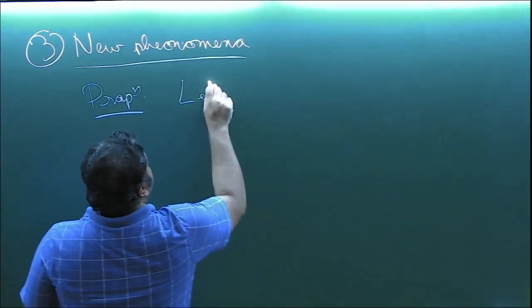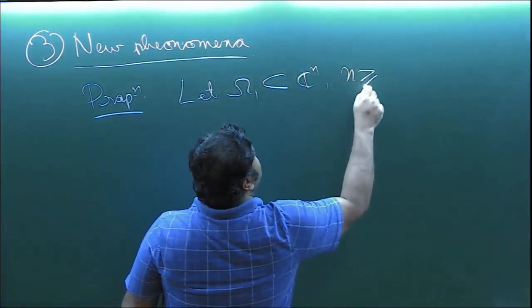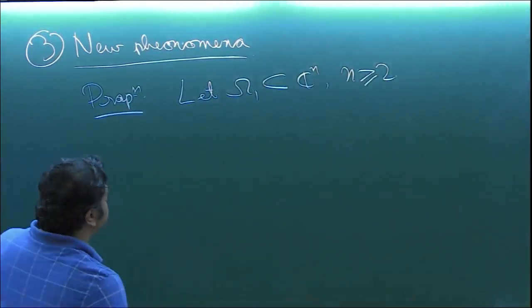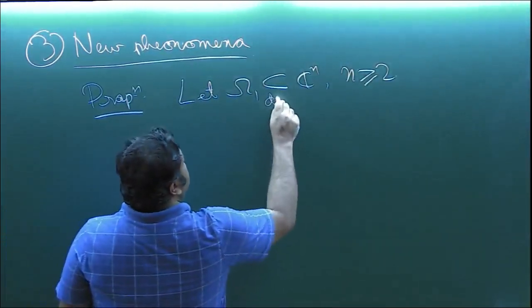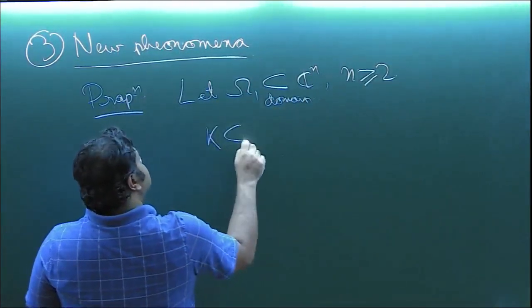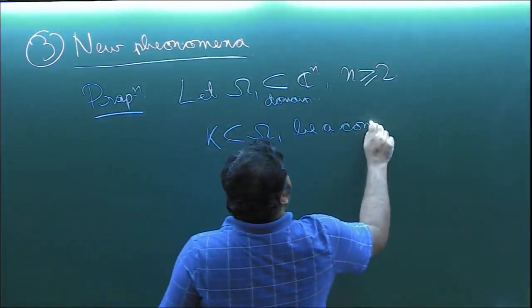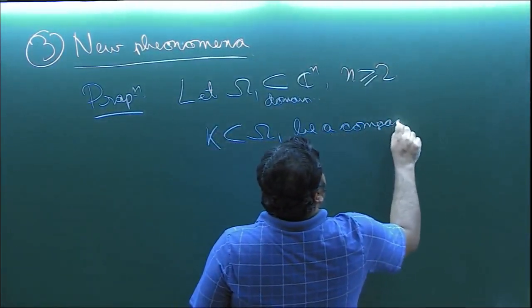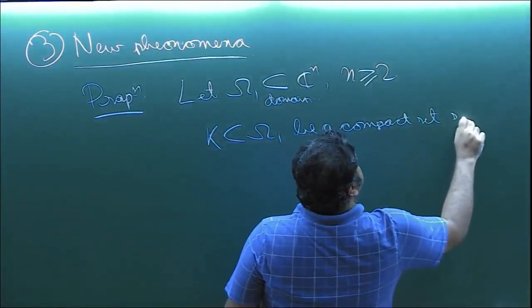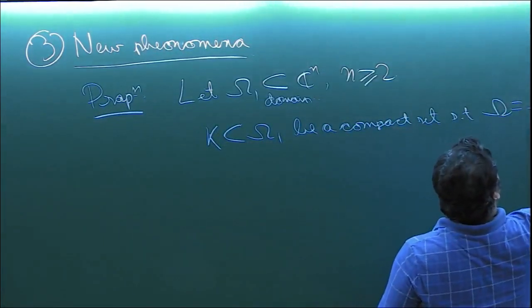Let omega 1 be a domain in Cn, and now I will specify that n is greater than or equal to 2, and let K, a subset of omega 1, be a compact set such that omega, which is omega 1 minus K, is as follows.